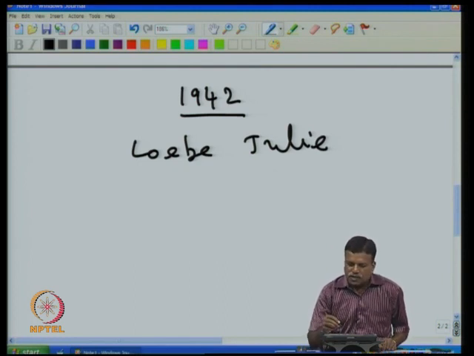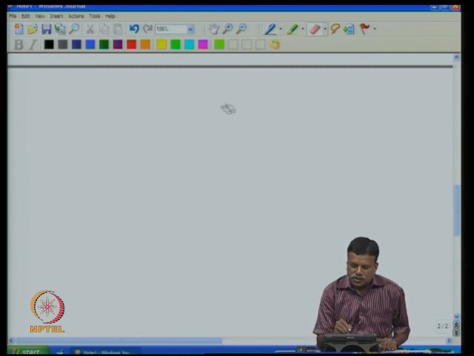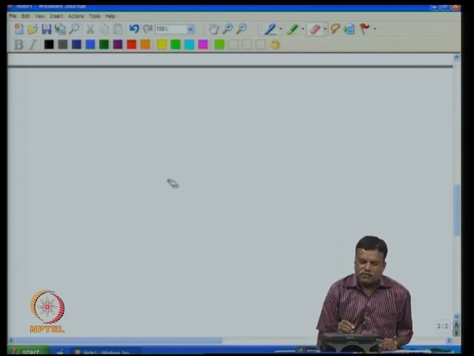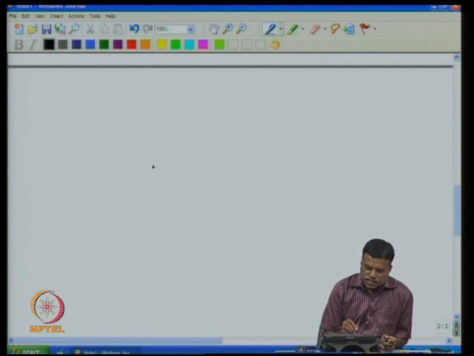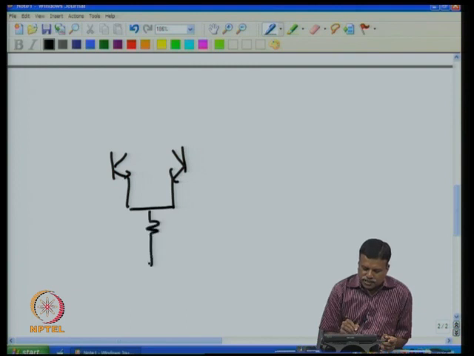Now if you look at that, what did he do to solve those two problems? This amplifier was done with 3 vacuum tubes, and now I will not be using the vacuum tube, I will be using the transistor equivalent of that to show the working. So the circuit was quite simple. He had taken 3 transistors and they were connected like this.